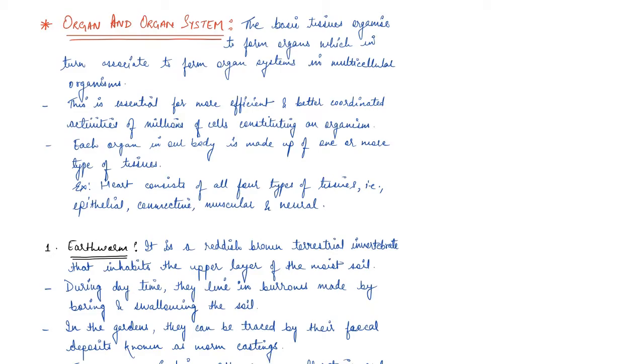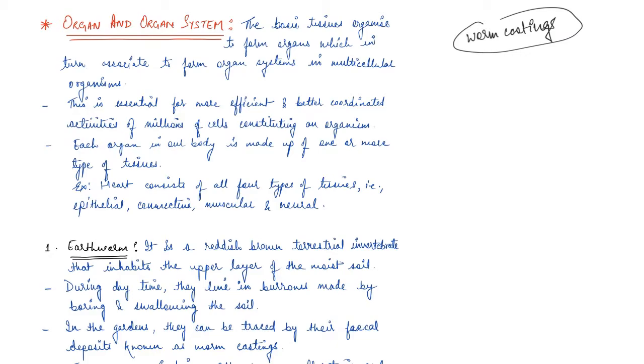So you can also see that in your gardens or in nearby parks, where you have earthworms, you'll see that there are some deposits which are basically fecal deposits of earthworms, and these deposits are known as worm castings, right?